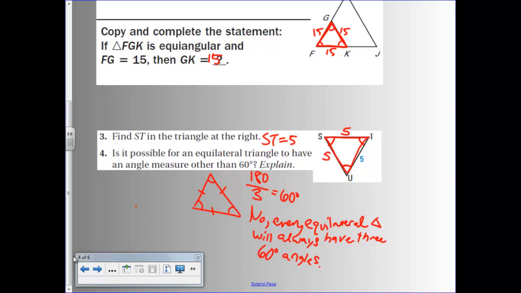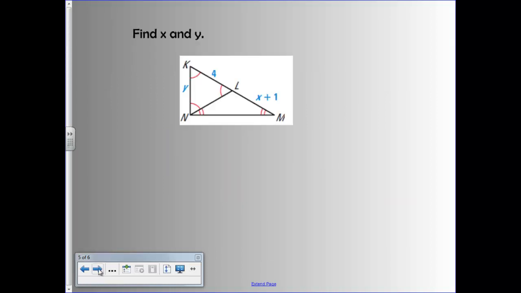Got it? Find x and y. So I look at this and I'm like, well, here's x, right? It's x plus 1. Do I know what that side matches up to? Really, it's the same as this one, right? Because I look at this and I'm like, oh, that's isosceles. Do you see that it's isosceles when I look just at this half of the triangle? Good. So if that's isosceles, I don't know what's on this one either.